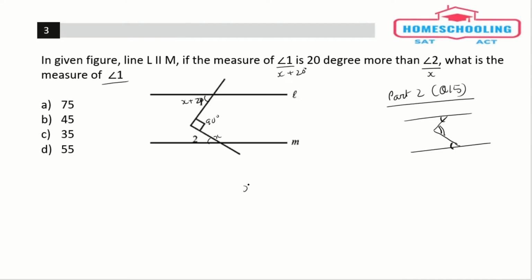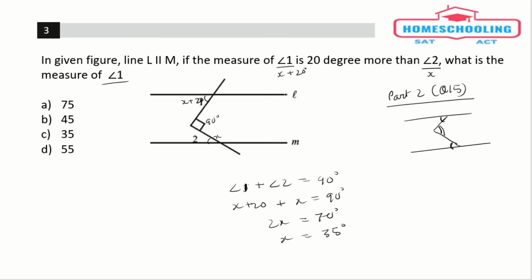So angle 1 plus angle 2 is equal to the central angle, that is 90 degrees. So x plus 20 plus x is equal to 90 degrees. So 2x, and 20 on that side, so 90 minus 20, 70 degrees. x would be 70 by 2, that would be 35 degrees.